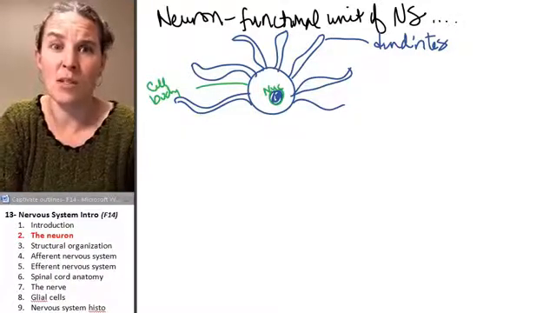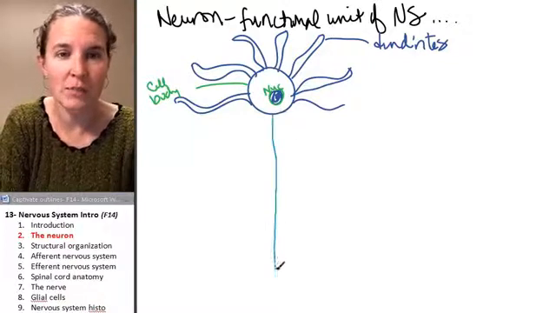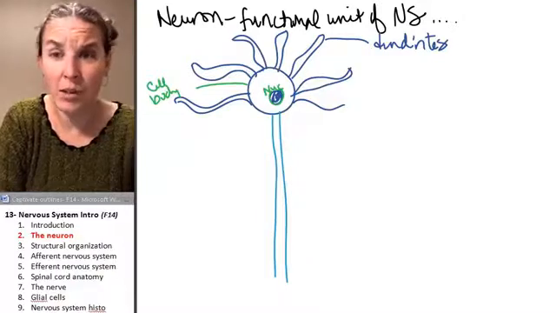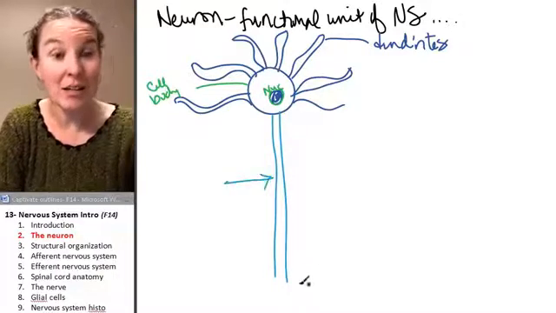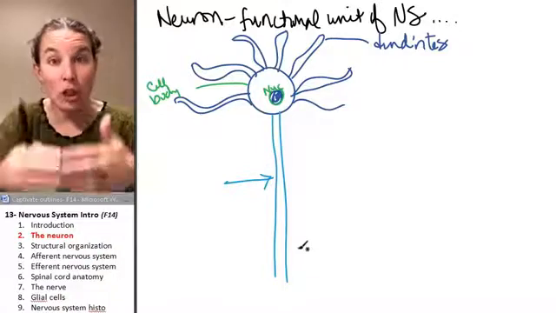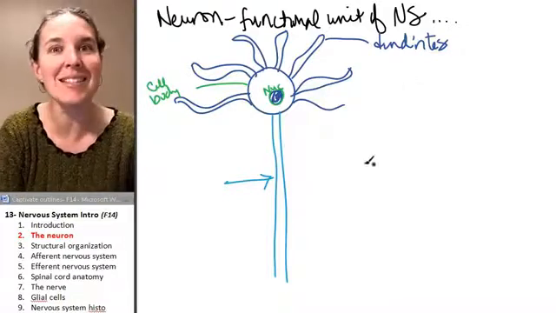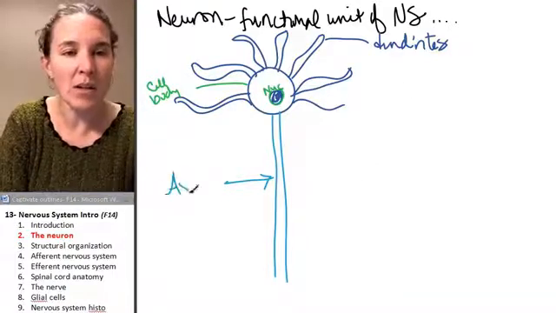It's so quintessential, like the most perfect neuron that you've ever seen ever. But know that, of course, they don't all look like this. Most neurons, many neurons, have a very long extension from the cell body that's different from the dendrites. We'll talk about how. But this one is called the axon.